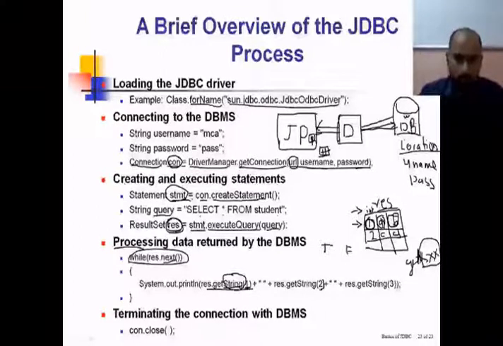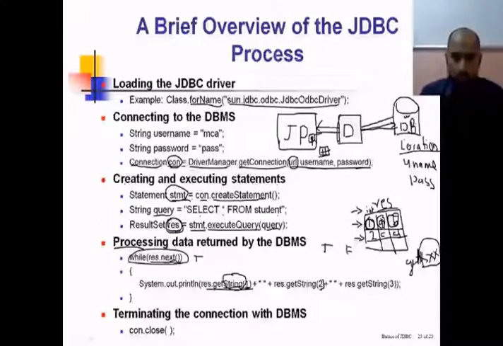Now for the first time, res.next returned true, and we are able to read data from the particular row. The next time, as it is a while loop, in the next iteration res.next will move this virtual cursor to the next row, and as there is data present in this row as well, it will return true.